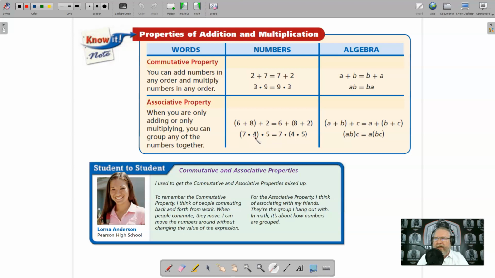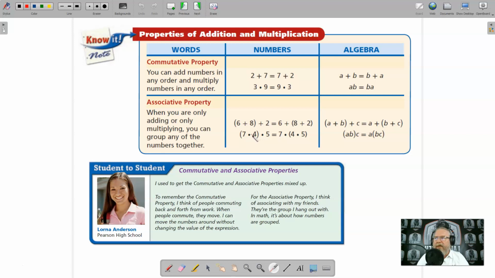However, the grouping is different. On the left, we have 7 times 4, and this equals 28, times 5 is going to be 140. And over here on the right, we have 4 times 5, which is 20. 20 times 7 is also 140. So both of them are equal to one another.